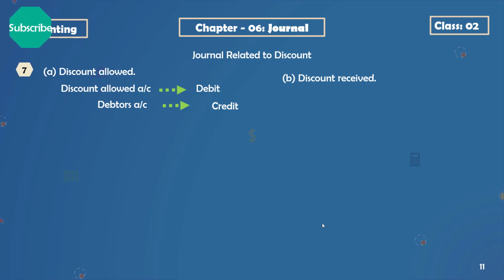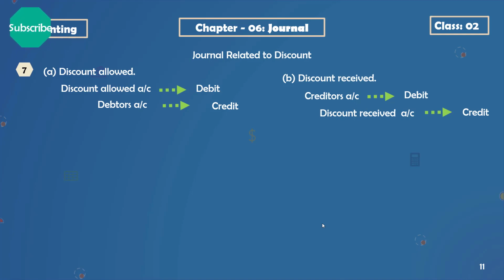So creditors account debit, discount received account credit. Remember this very carefully: when you pay any debt to your creditors, creditors can allow you a discount. So you will receive discount.